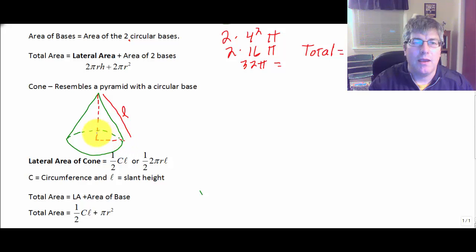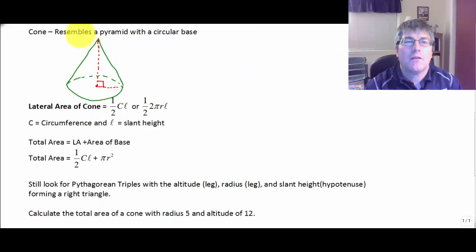And it forms a right angle with the base. So if I gave you the radius and the altitude, we could do our Pythagorean theorem to find our slant height.